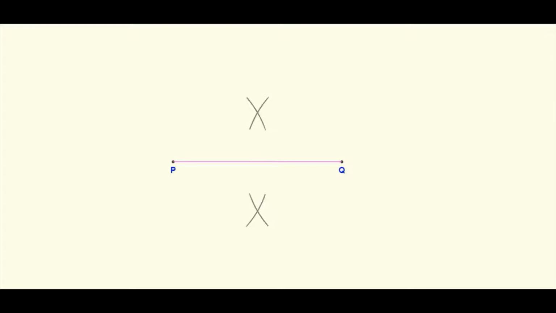Now you're going to take your ruler and line it up with both intersecting arcs. Draw a straight line that intersects the line segment PQ. And this is how you would do it.